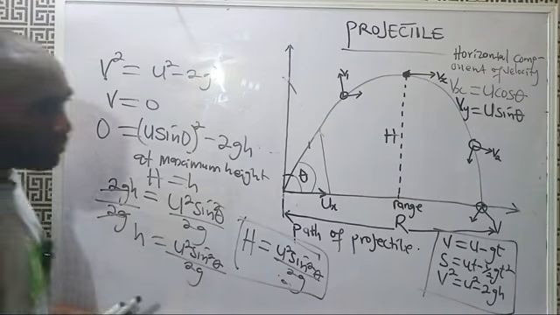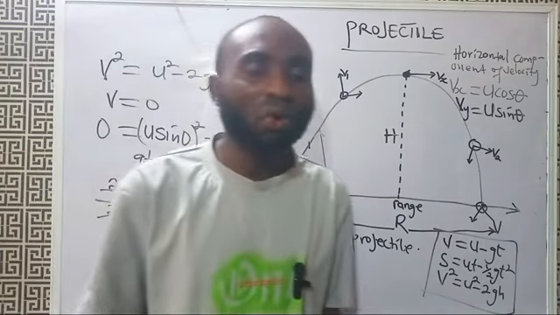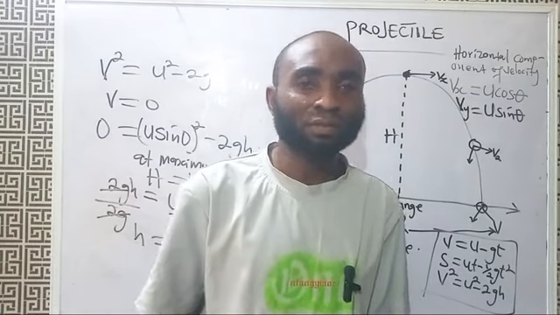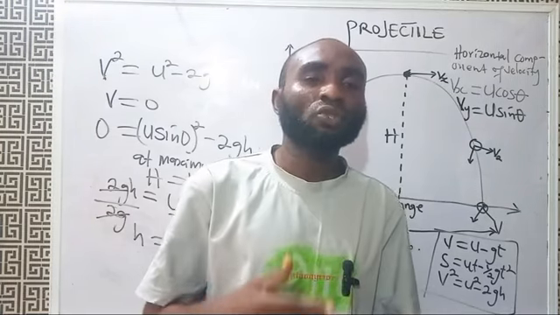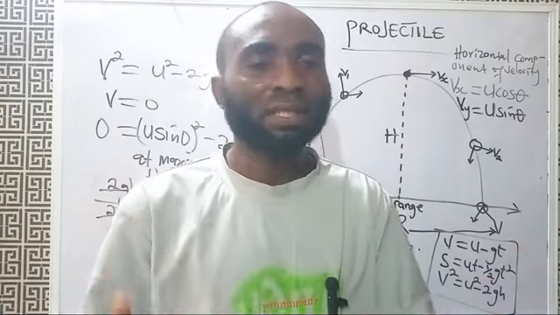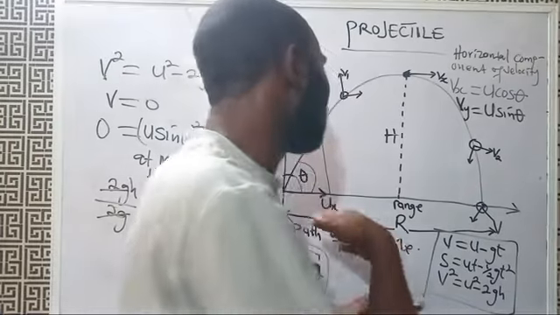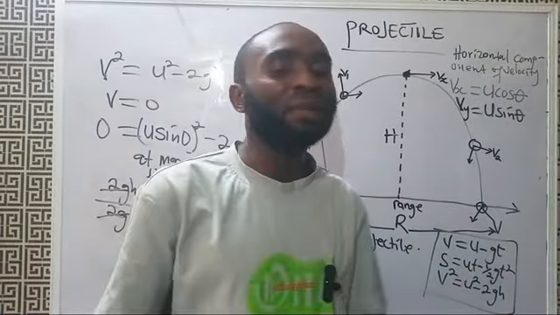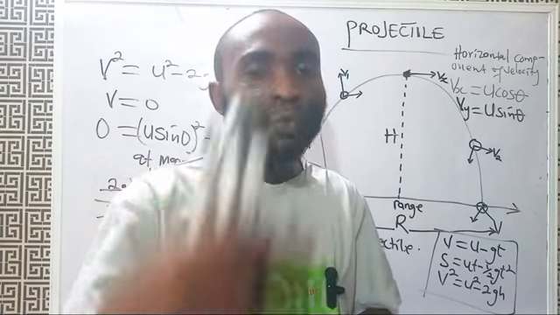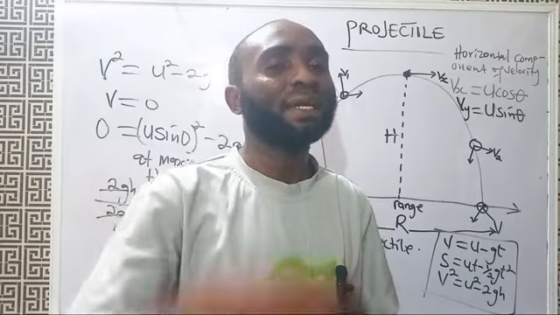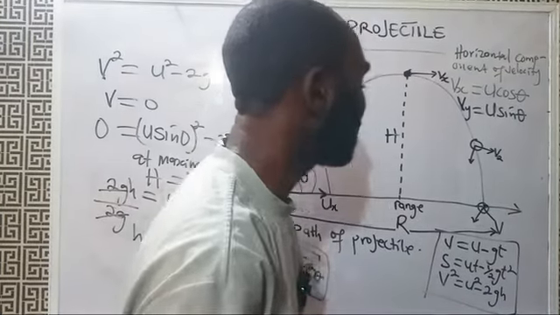So now let's talk about the range. What is range? Range is the total distance covered by a projectile, from the point of projection to where the projectile hits the projection plane again.